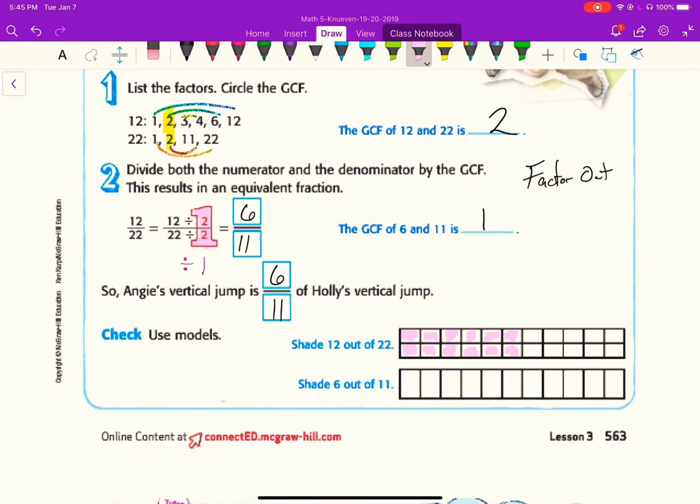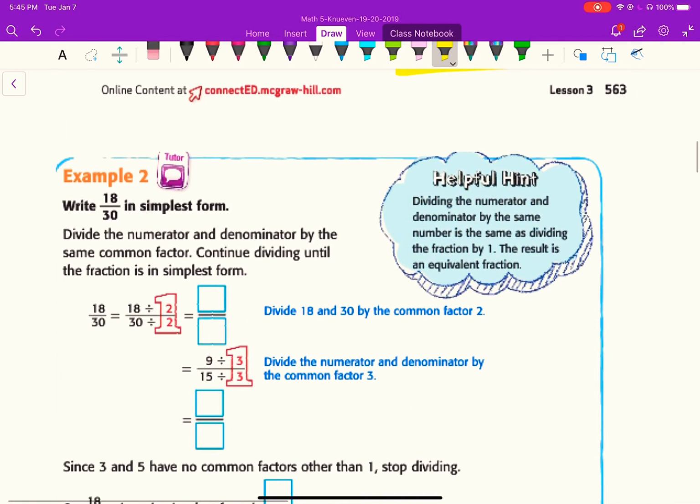So now I need to look at this and shade 6 out of the 11. 1, 2, 3, 4, 5, 6. Well, they represent the same value, even though we write them as different fractions. So they are equivalent. And now they are in simplest form.